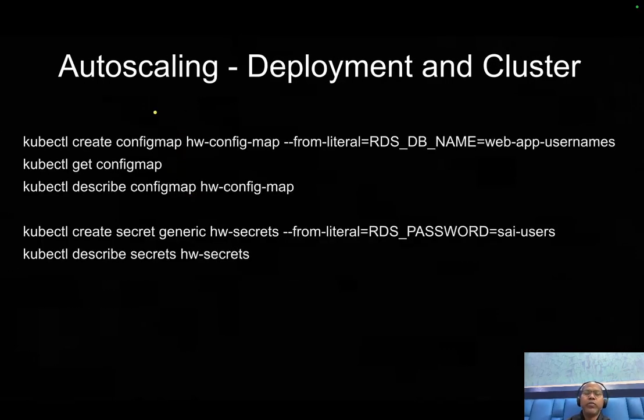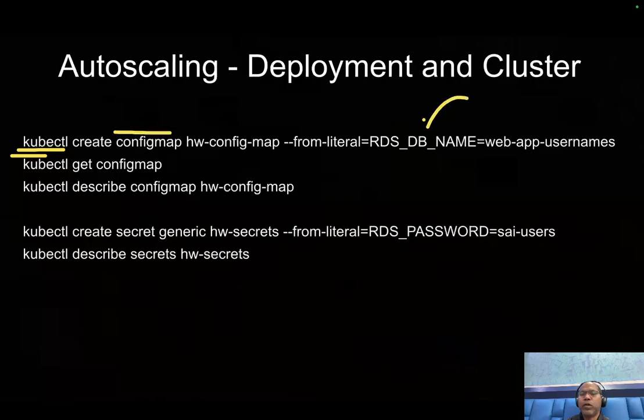And as we discussed, we can also configure some config maps. The kubectl command has options to create a config map, like your database name, where this is the key and this is the value. But these are plain text.